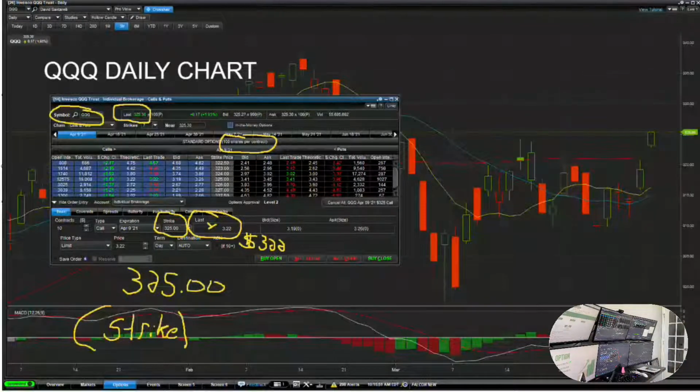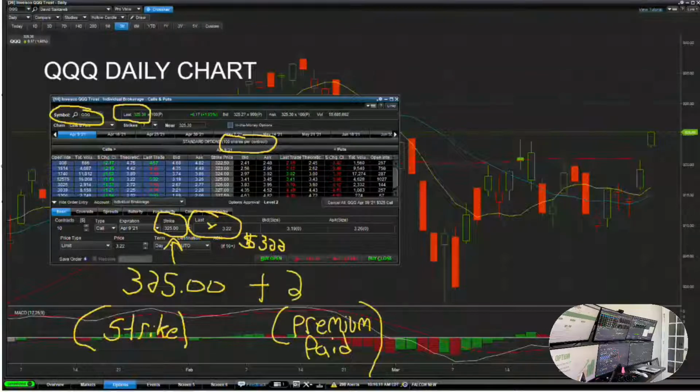Okay, so 325, that's the strike price, right? Plus premium paid. So 3.22.